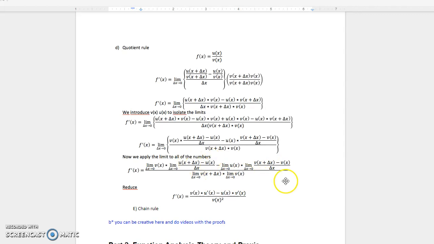So what we can do is reduce it, and then finally we get f prime of x equal to v of x times the derivative of u, or u prime of x, minus u of x times v prime of x, over v of x squared.